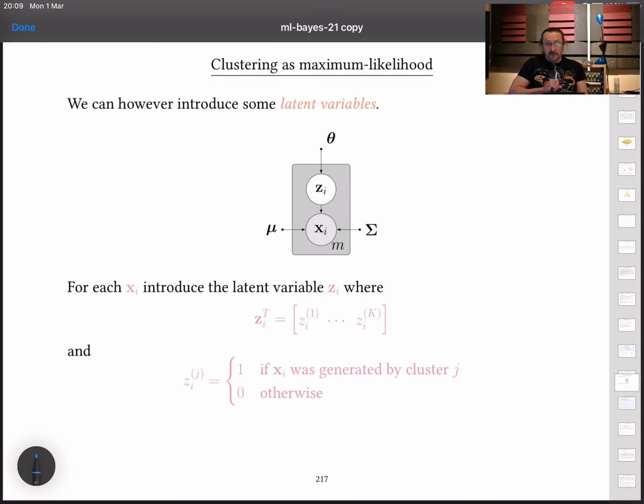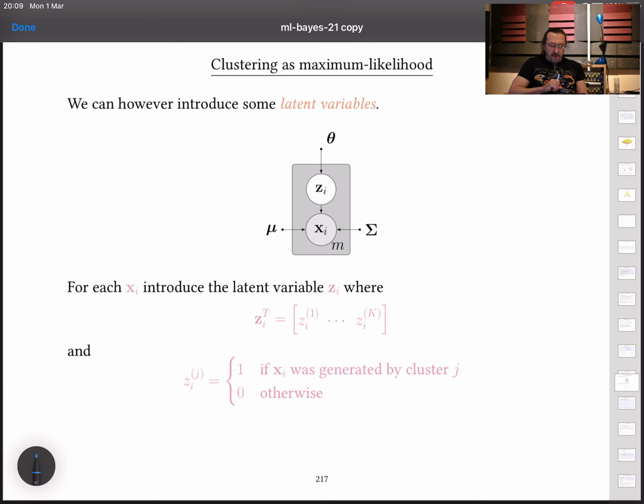Non-random variables, parameters in this case, are not placed in circles. Okay, hence theta, mu, and sigma. And the square that is drawn around z_i and x_i is denoting that there are m copies being generated.